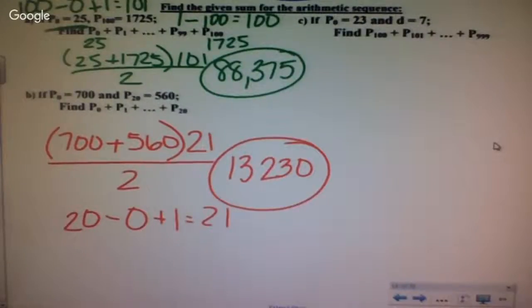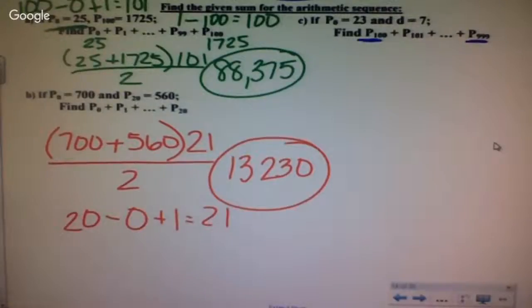Okay, be careful with part C. They give you P sub 0 is 23, and they tell you that d is 7. They want us to add the 100th term clear up to the 999th term. Well, what's the 100th term? Can we find it?